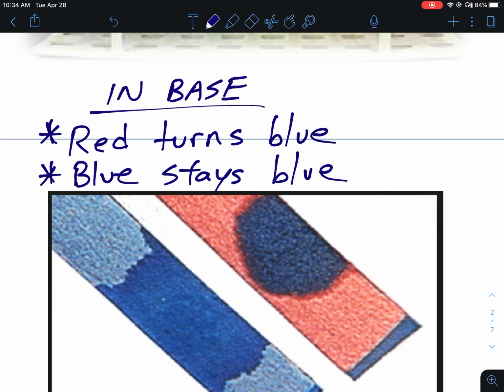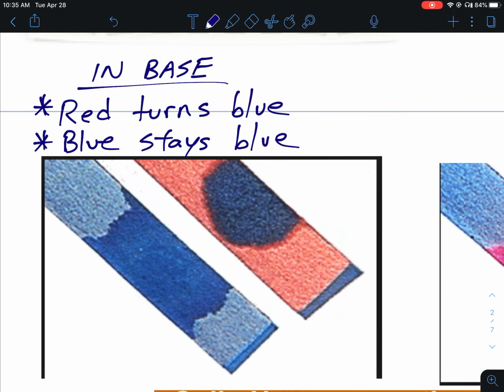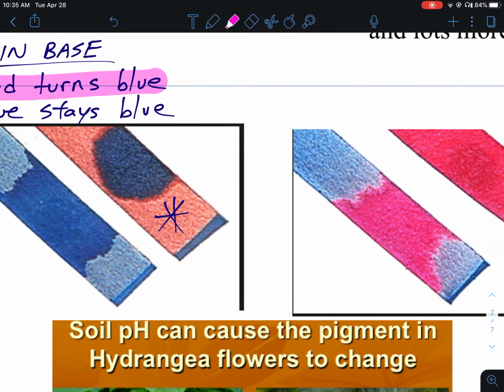So blue litmus paper is really not that useful. If you dip something in blue litmus paper and it stays blue, it's not telling you that it's a base. It could be water, it could be something that's neutral. But this right here, that is the key. So blue litmus paper is not really useful with bases. Red litmus paper is really useful to identify a base. Okay, so it turns blue in a base, right?